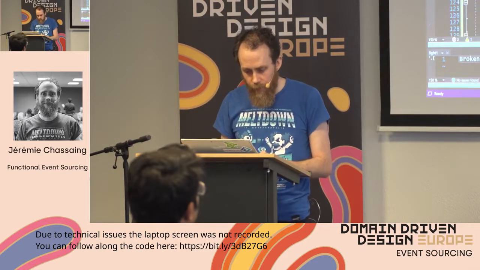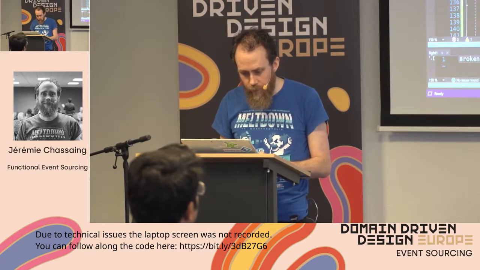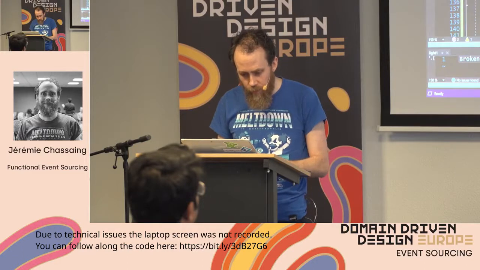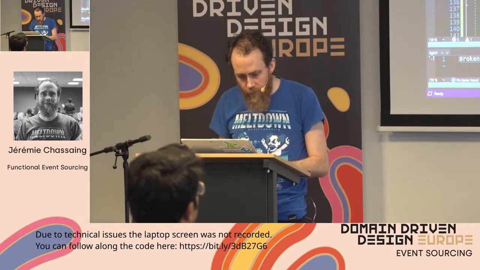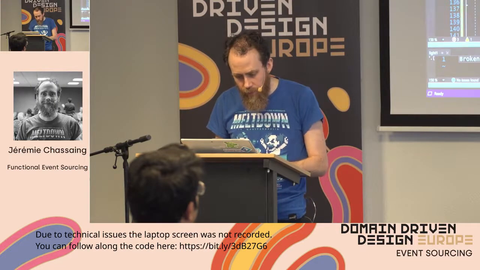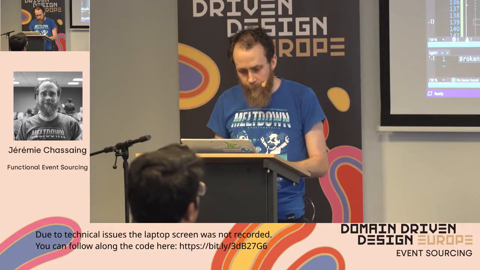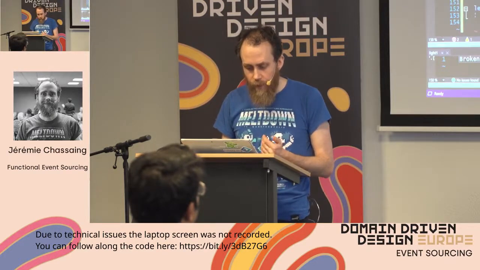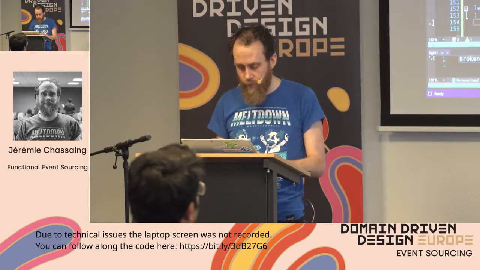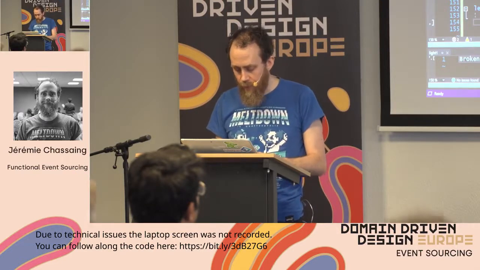I will call them load state and save state here, because I will use load and save for events. It will be better. So I want to load my events. Okay, let's do that.